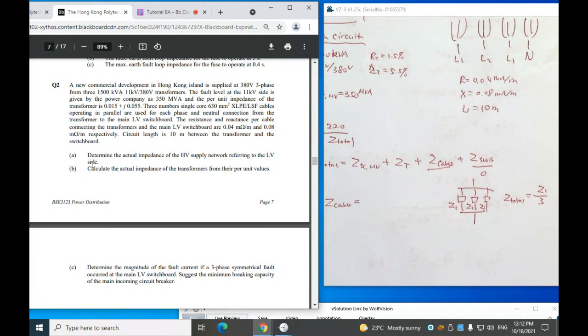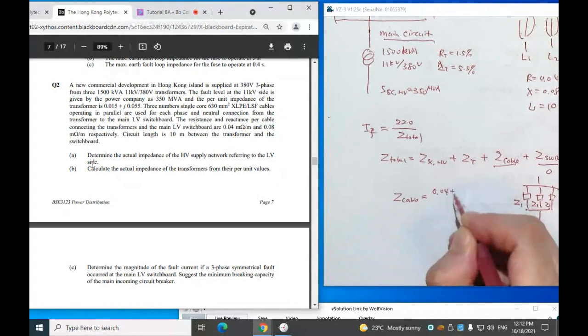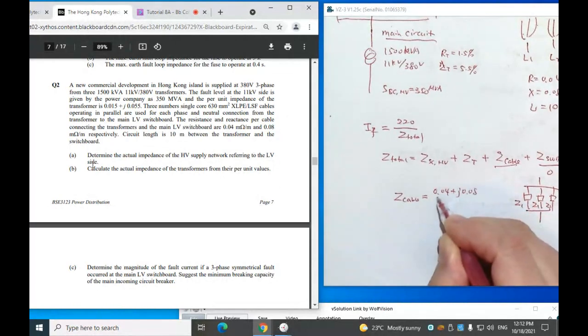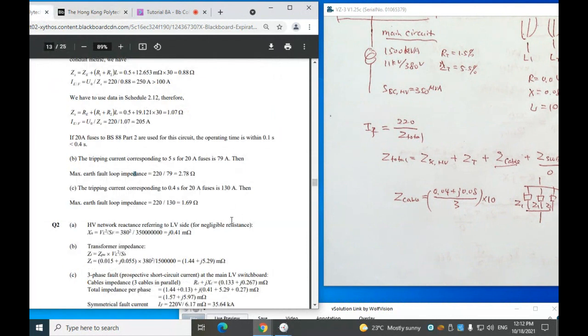If they are connected in series, it is multiplied by 3, but if connected in parallel, it is divided by 3, where 3 is the number of components in the parallel connection. So the impedance here is (0.04 plus j0.08) divided by 3, multiplied by 10, where 10 is the length of the cable.